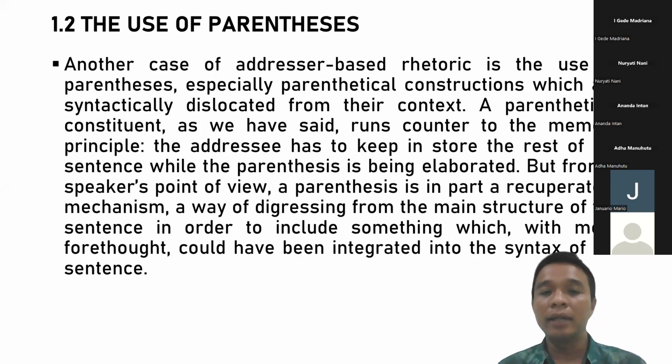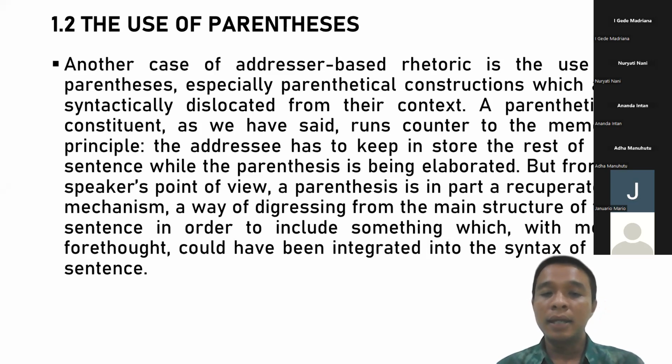Okay, once again, I'd like to show you the use of parentheses. Another case of addresser-based rhetoric is the use of parentheses, especially parenthetical constructions, which are syntactically dislocated from their context. A parenthetical constituent, as we have said, runs counter to the memory principle.